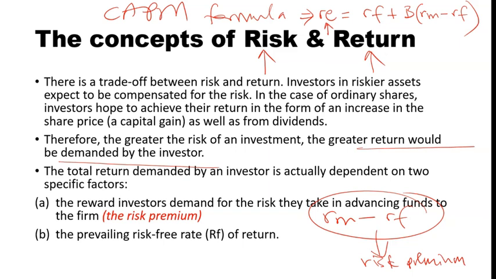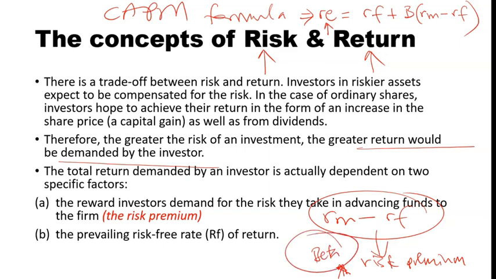After considering the risk-free rate, the excess that remains is called the risk premium, which takes into consideration the expectations of investors vis-a-vis the risk-free rate. This is then multiplied by the beta.